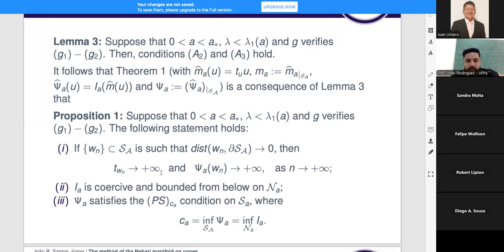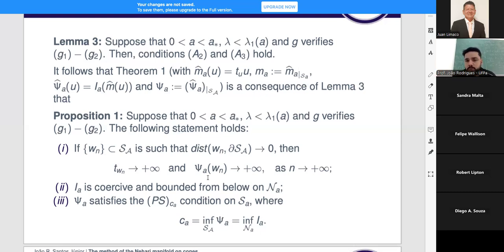If we have this condition, we can see that minimizing sequences are not going to the boundary, because if the distance of a minimizing sequence to the boundary of the set SA goes to 0, then the functional psi applied at the terms of the minimizing sequence goes to infinity.